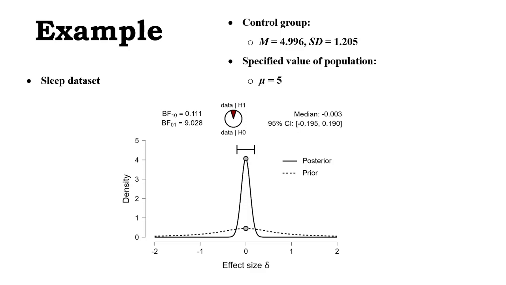Then we measure the average hours of sleep per night after the intervention. Before doing the comparison between the groups, which we are going to see in the independent samples t-test Bayesian alternative, we are going to see whether our control group is sort of representative of the population.